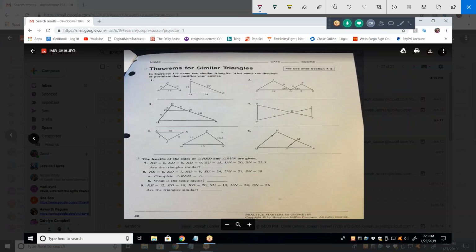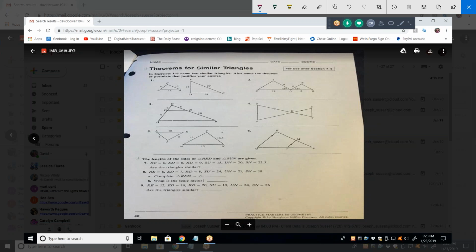Yeah. Okay, and 3. What are the similar and why? We got triangle CAB, CDE. So those are similar. Why? Because of the side angle side again, I guess. Yeah, and it's side ratio.